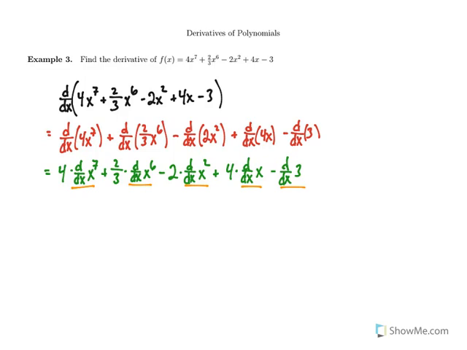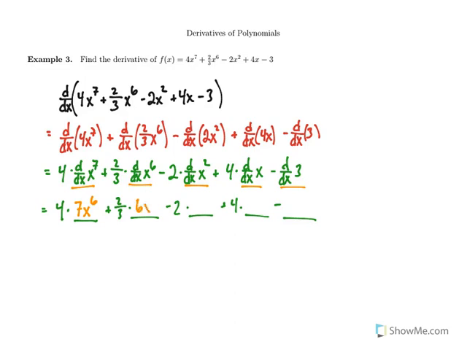So this whole thing is going to be equal to 4 times that answer plus 2/3 times that answer minus 2 times that answer plus 4 times that one, and then minus whatever that's going to be. So the derivative of x to the 7th is 7x to the 6th. We bring the power down out in front, decrease the power by 1.